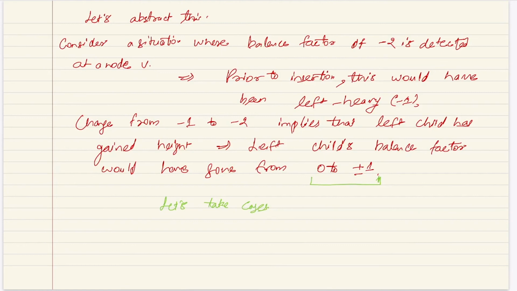Let's say we have a node U, and its left child, let's say this is node V. U has a balance factor of minus 2, and V can have a balance factor of plus minus 1 after insertion, right? So we will have to take both the cases separately. One is plus 1, another is minus 1. And actually the simpler case is when both have the same sign, minus 2 and minus 1.